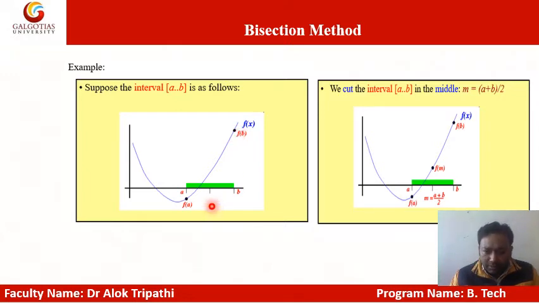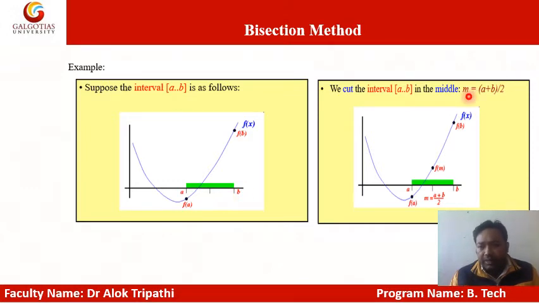Since f(x) is a continuous function, it will cut the x-axis for sure. That is actually the exact root of the equation f(x) = 0. So we have chosen the interval a to b. Now we'll apply the bisection method. What it does is cut the interval into two equal parts.